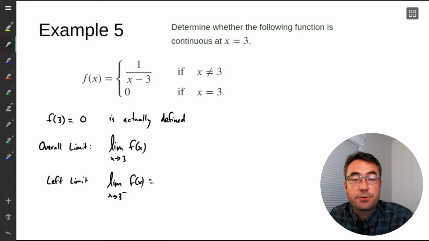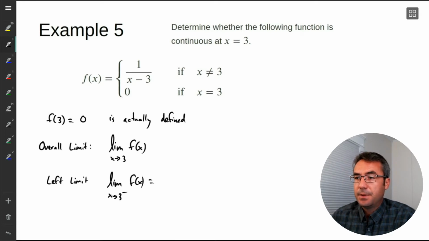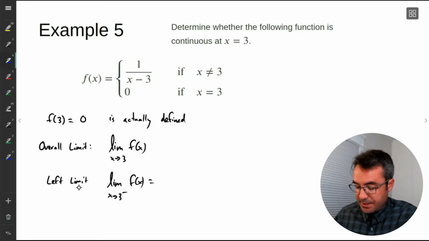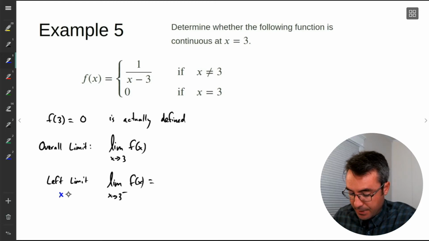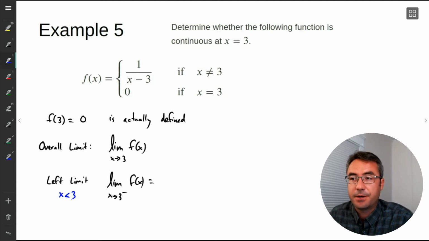So as we approach 3 from the left, what this means is we're using values that are slightly smaller than 3. So x is going to be smaller than 3 here for our left limit.